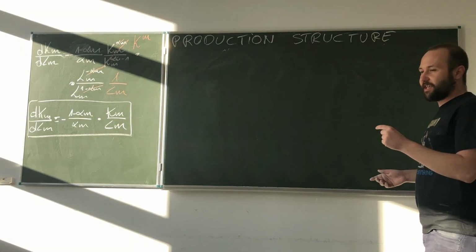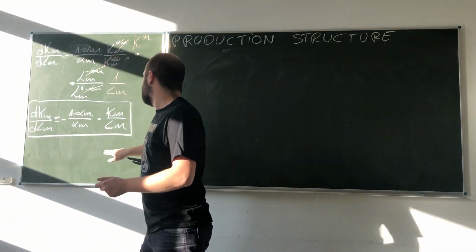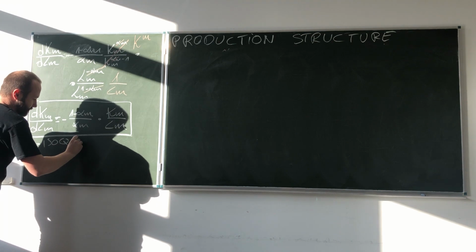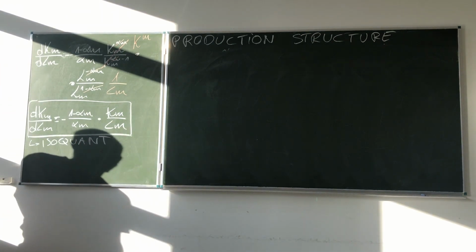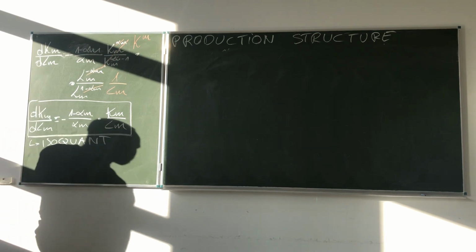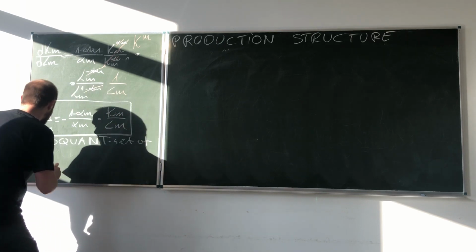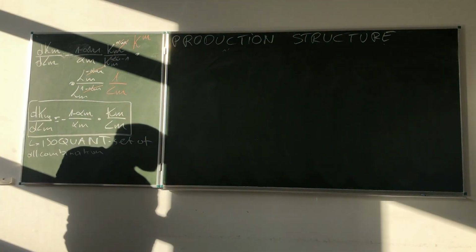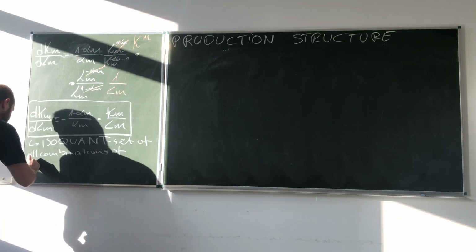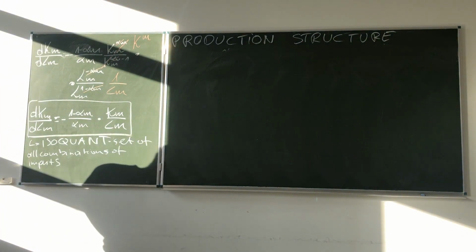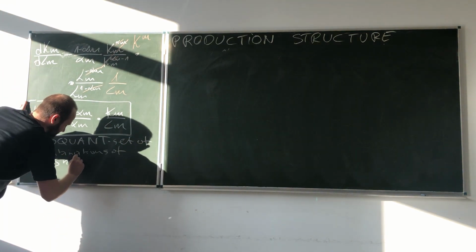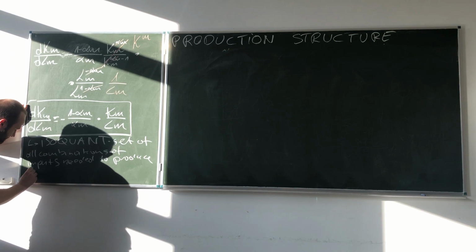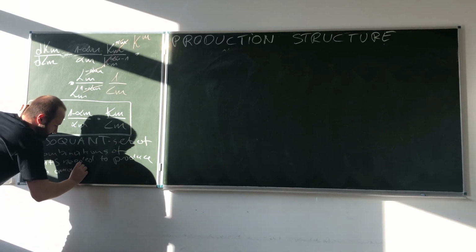Now, what we are actually getting from this, in return, is the slope of a line that we are going to call an isoquant. An isoquant is basically the set of all combinations of inputs needed to produce a given amount of something.